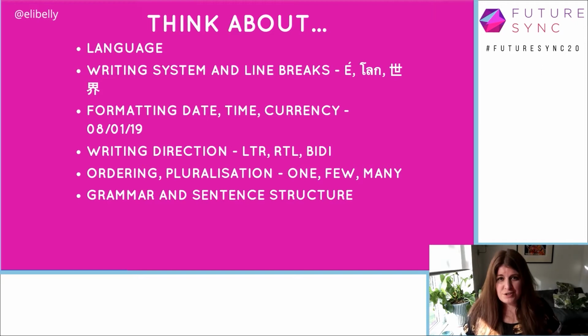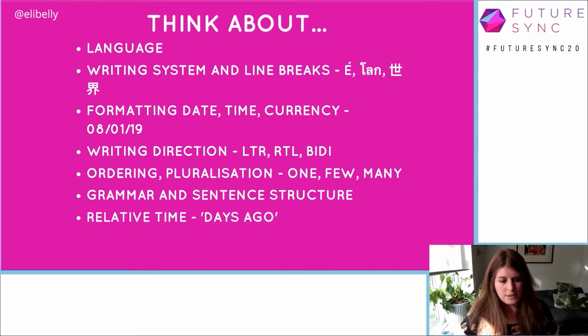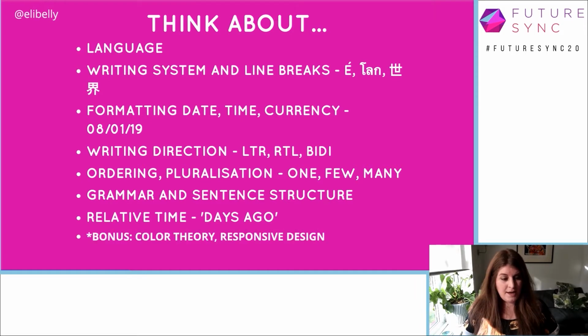Grammar and sentence structure, the order of like verbs and adjectives isn't always the same in different languages, and that catches a lot of developers when they try to string sentences together in code, but it might not always work. Relative time, like days ago, like when you do like a Facebook or a GitHub comment. And then bonus, there's also stuff about design and color theory. For example, different colors mean different things in different cultures, but I'm not going to get into that too much because that's more in the design.